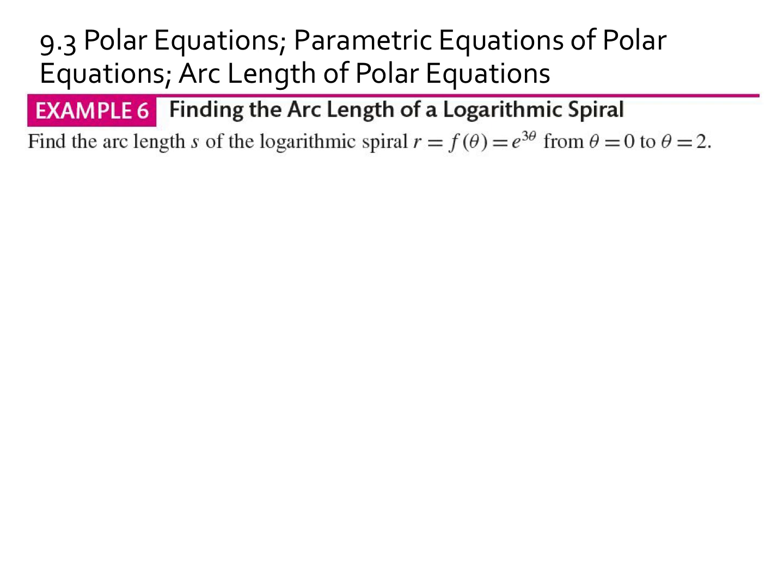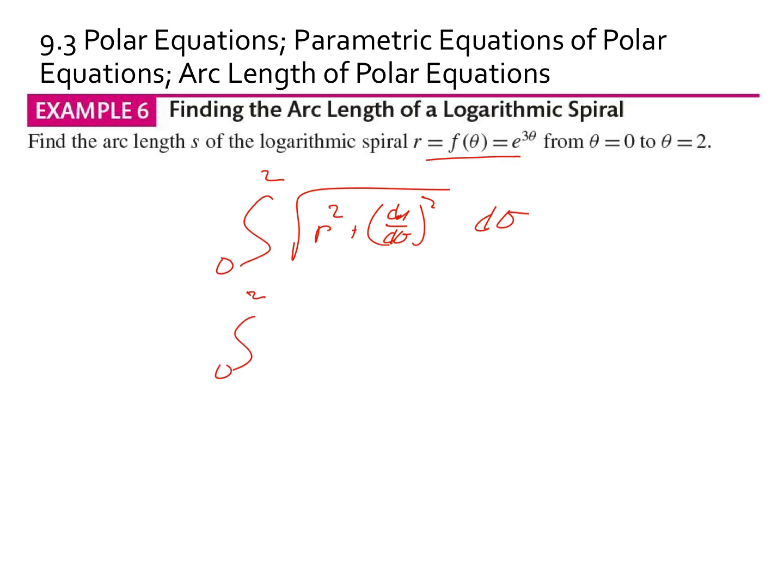So find the arc length. I've got to have my integral from 0 to 2 of r squared plus dr d theta quantity squared d theta. So that's what I'm looking for. Then I can see my r's right there. So if I square my r, this is going to be either a typing problem or pretty straightforward.